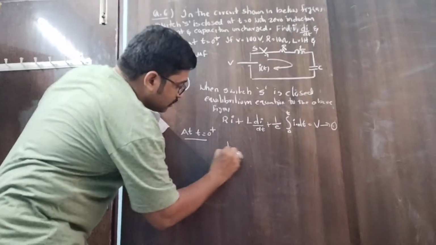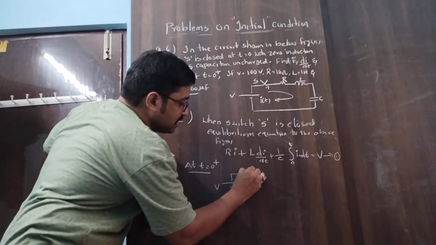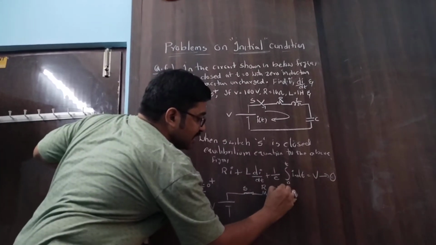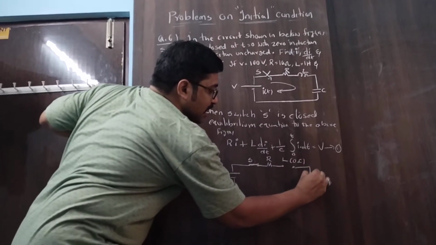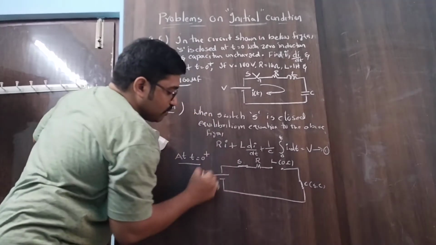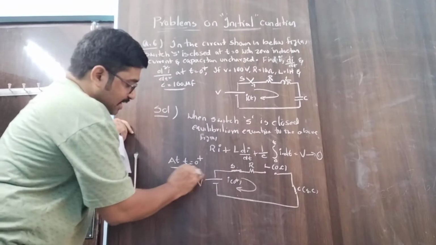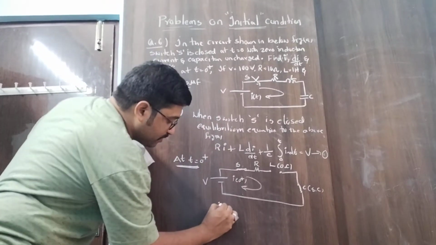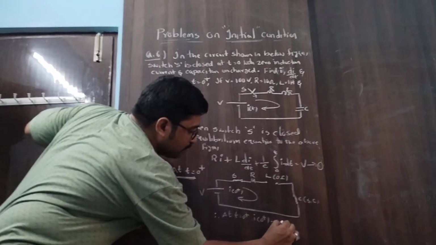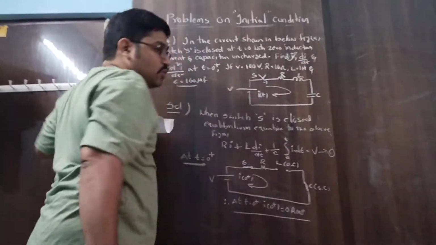So at t equal to 0 plus, you have the source V, the switch closed, and a resistance; the inductor L acts as an open circuit and the capacitor as a short circuit. This is the current i of 0 plus. Therefore i of 0 plus is equal to 0 amperes.